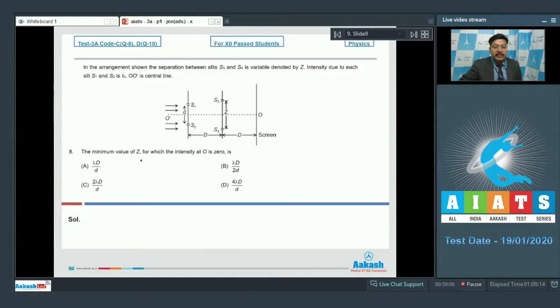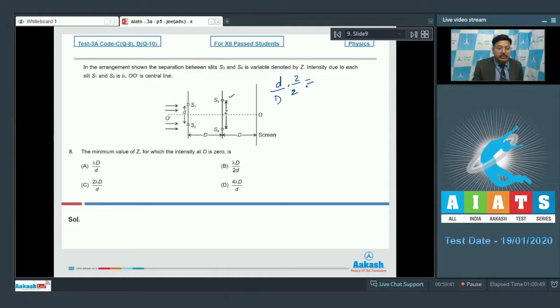Question 8 says the minimum value of Z for which the intensity at O is 0 is. Okay. Well, for intensity at O to be 0, intensity at S3 must be 0. So that means we have small d by capital D into Z by 2. This should be odd multiples of lambda by 2.